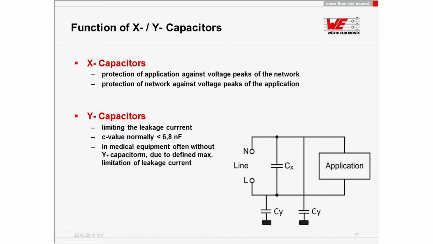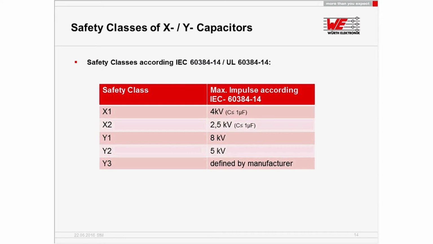And the Y capacitor, normally you connect to housing or earthing, and what you do is limiting the leakage current, and also you normally have quite low capacitance values, especially in capacitors for medical equipment. Sometimes you even leave away the Y capacitor due to the fact that limitations need to be there for the leakage current for the patient.